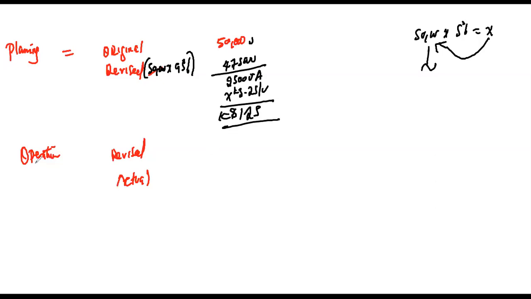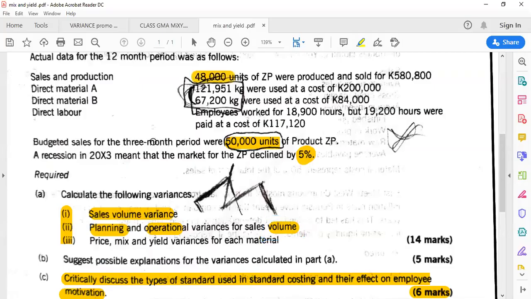Now, the operational variance is what? The revised, this guy, which is 47,500 units. And the actual, what was the actual production? These are the easiest variances on earth. The actual production was how many units? 48,000.